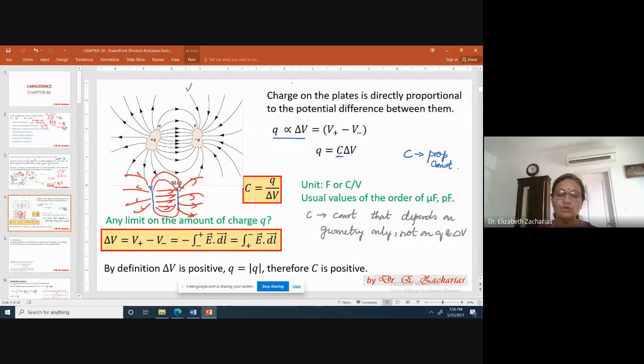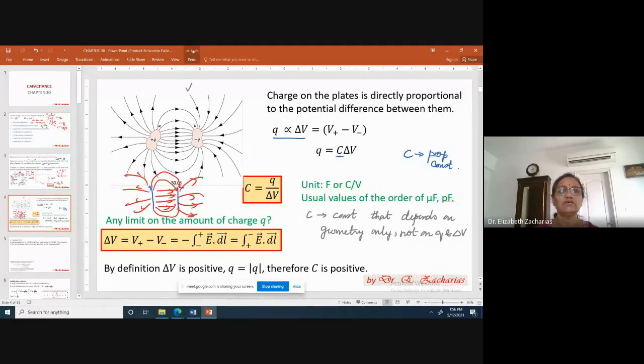Uniform electric field. So if these two plates of a capacitor happen to be parallel conductors, and if they are charged, then you're going to have a uniform field between the two plates. For other configurations, you won't have a uniform field.